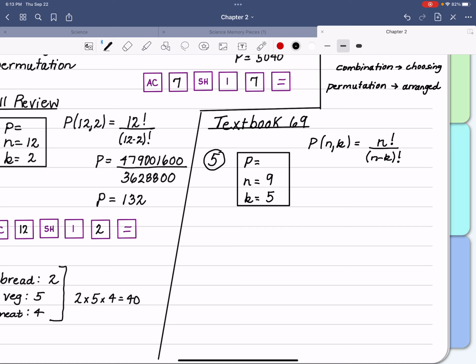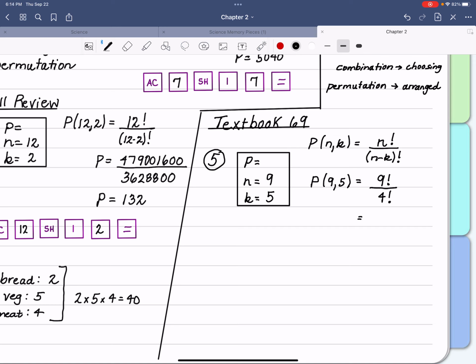I will do this on the calculator as well. So N is 9 and K is 5. So this will be 9 factorial over 9 minus 5, that's 4 factorial.